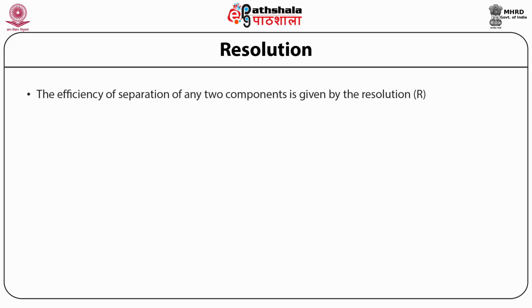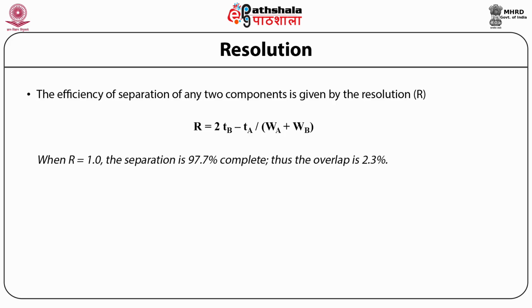Resolution. The efficiency of separation of any two components through the column is given by the resolution. The formula is given here. Resolution R is equal to twice the retention time of B minus retention time of A, divided by peak width of A plus peak width of B. If the value of R is equal to 1, the separation is said to be 97.7% complete.